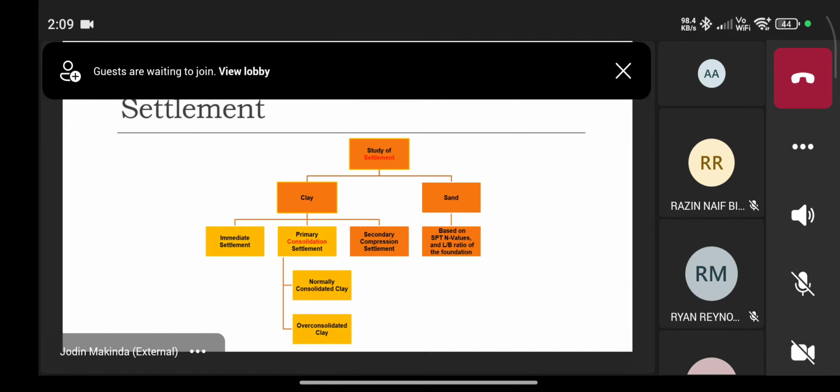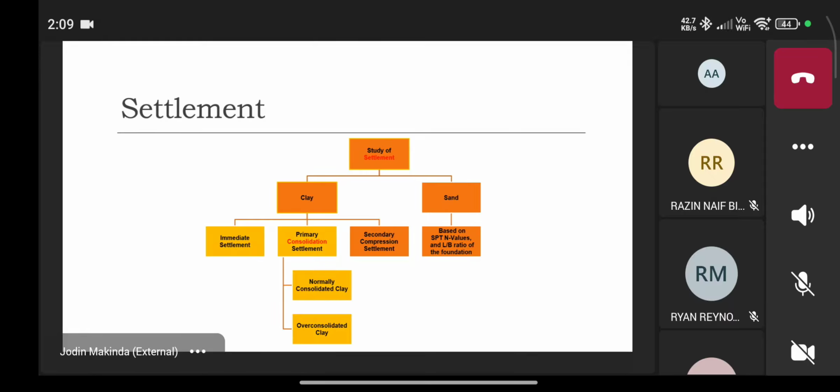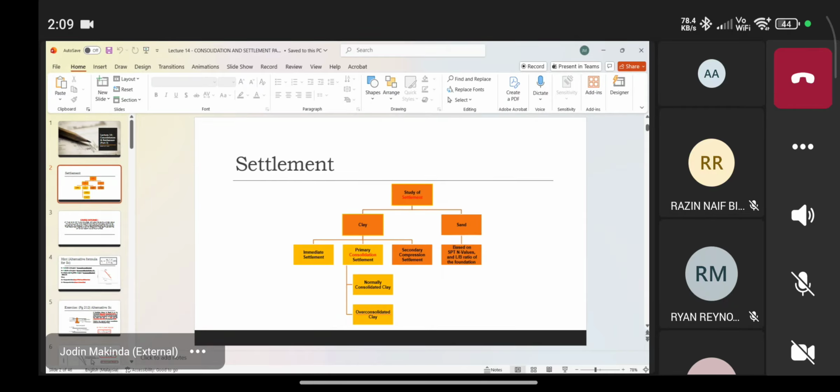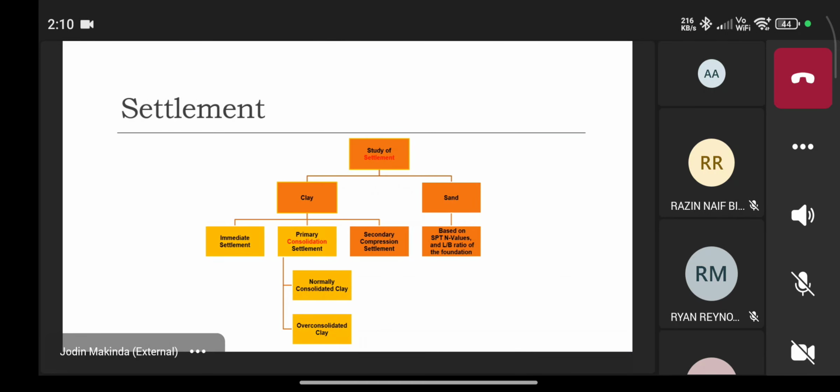In the last two lectures, settlement and consolidation, we have covered the settlement on clay. Particularly, we have covered immediate settlement, and also primary consolidation settlement.